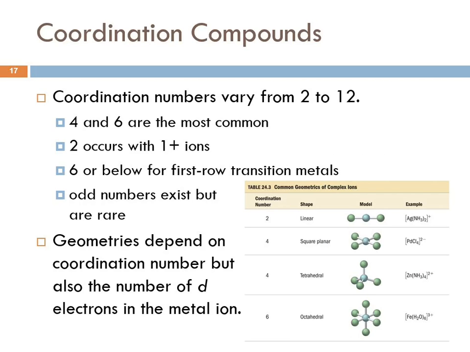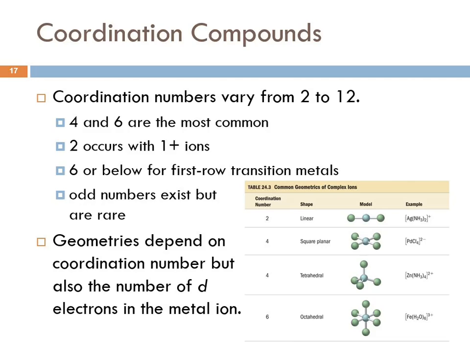The coordination number, which is also called the secondary valence, varies from 2 to 12. 4 and 6 are the most common, though. So you commonly see 4 to 6 coordinate covalent bonds. 2 is the smallest. If you have 1, it's just probably going to be an ionic compound, right?